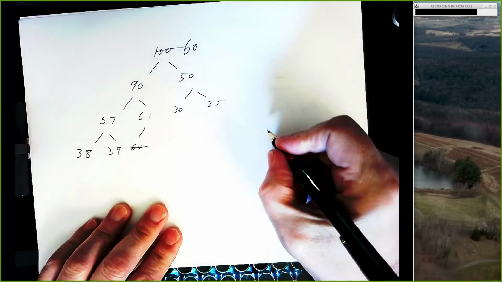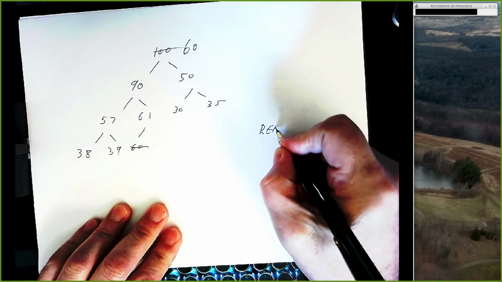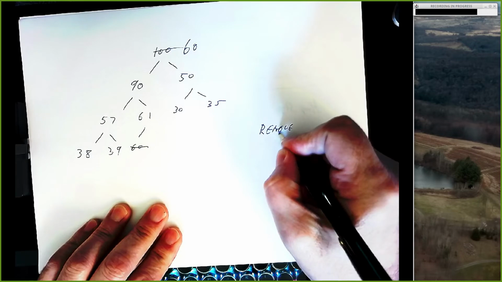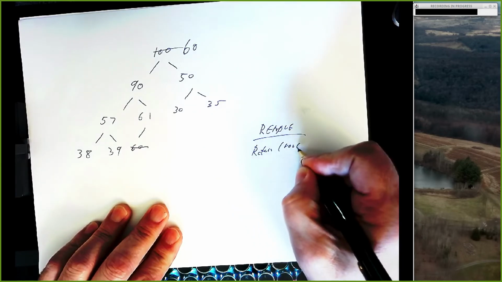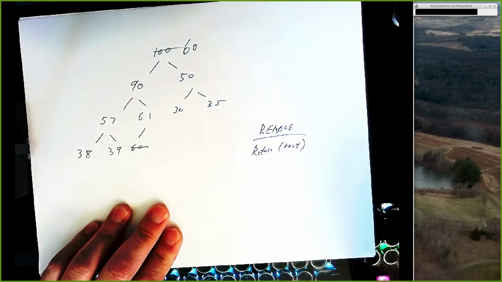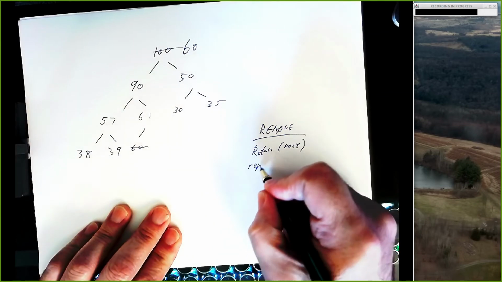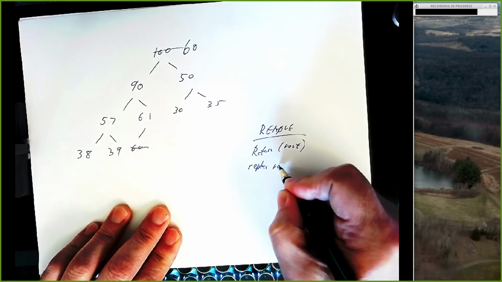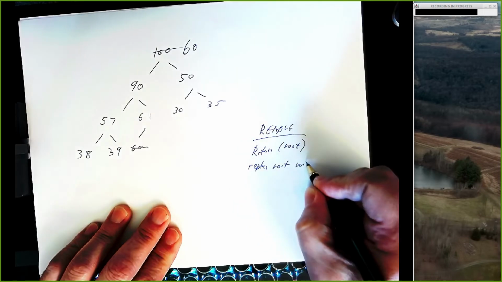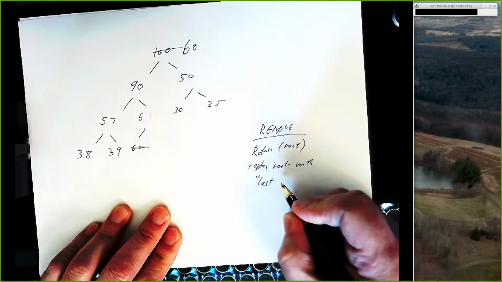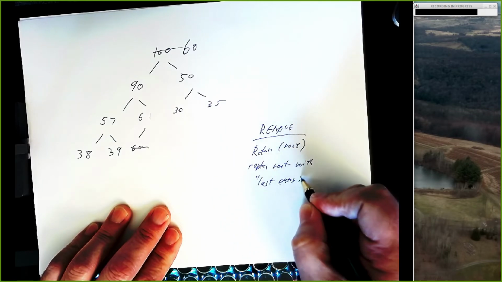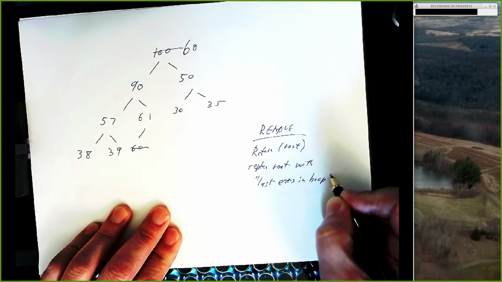So here's our remove operation. We're going to return the root, right, after we replace root with last entry in the heap.